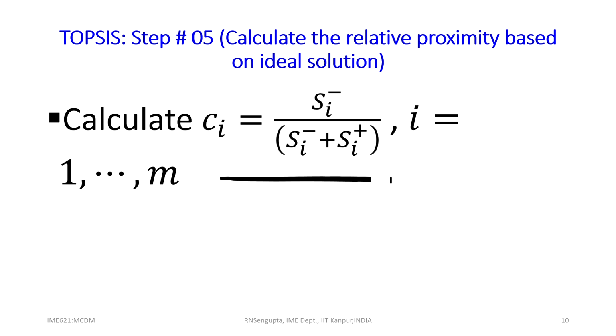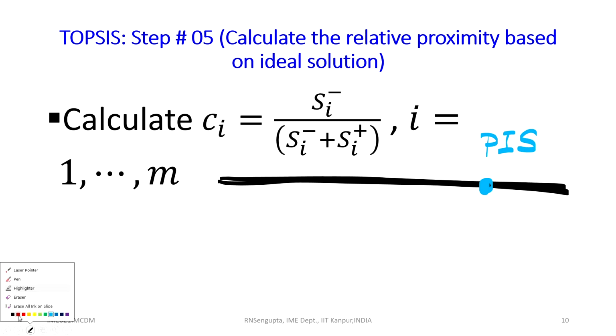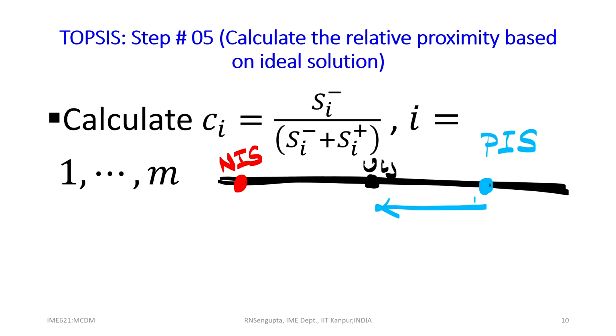So, if I have the real line, sorry for the repetition, this is the best solution PIS, this is the worst solution NIS, Vij is here, I find out which is here, already found out Si plus.